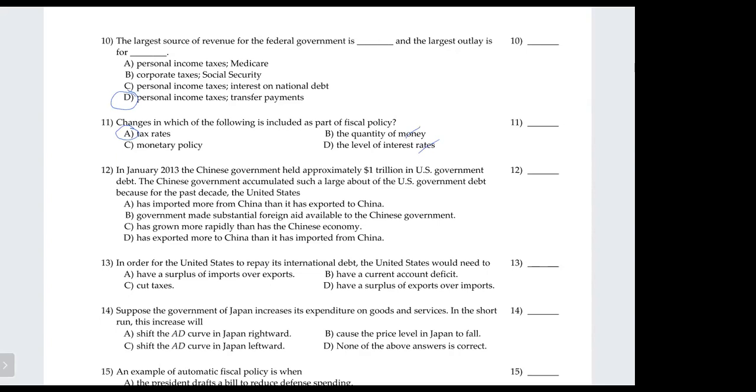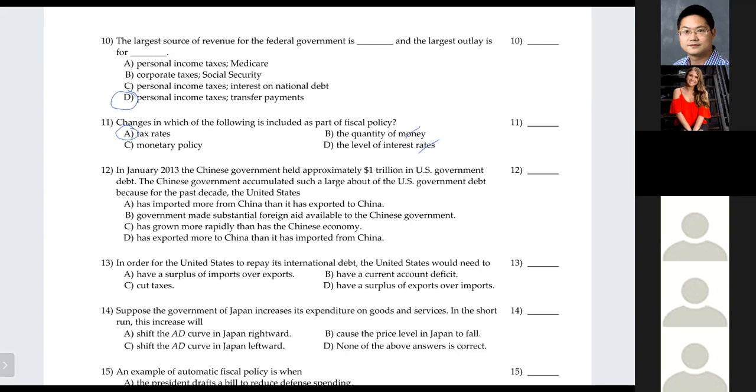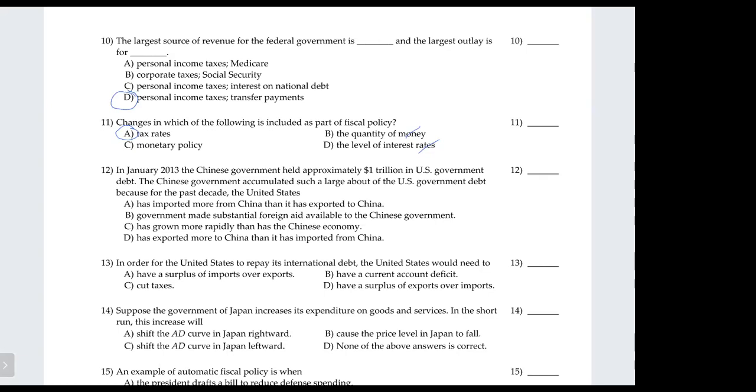12, in January 2013, the Chinese government has approximately 1 trillion in US government debt. The Chinese government accumulated such a large amount of US government debt because, usually, a foreign government can accumulate large debt because they have a trade surplus, right?